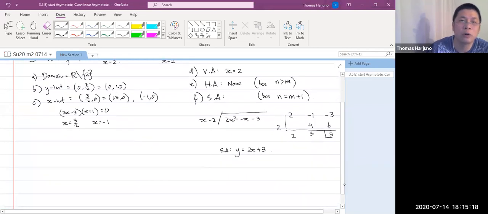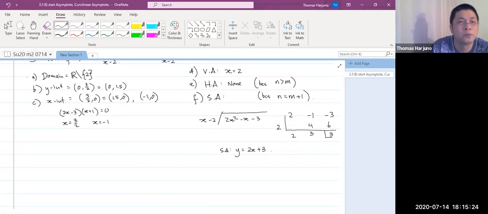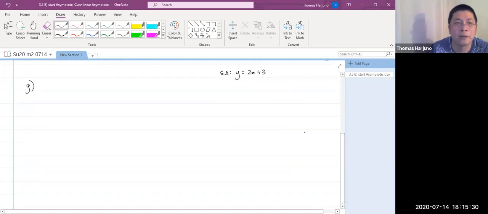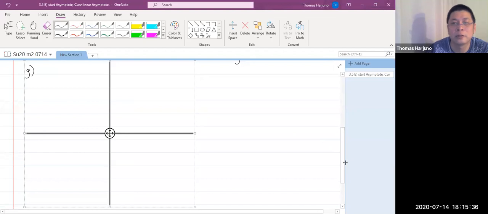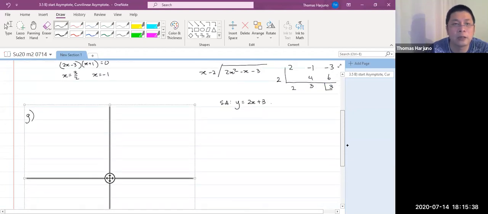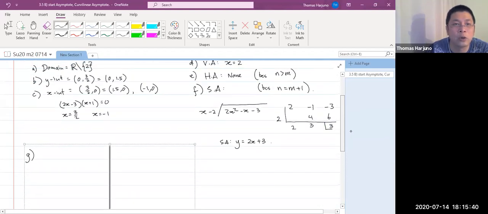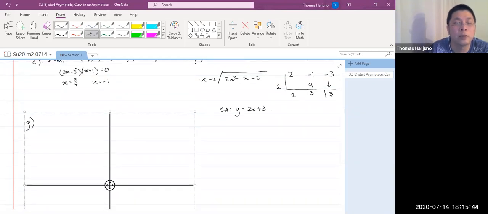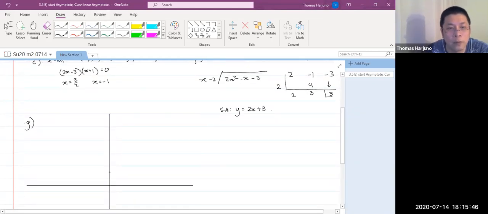Now I will just go ahead with the graph, okay? I skipped the sign graph. This is the graph. And then what else do we know? The y-intercept is (0, 1.5), so I put it here.